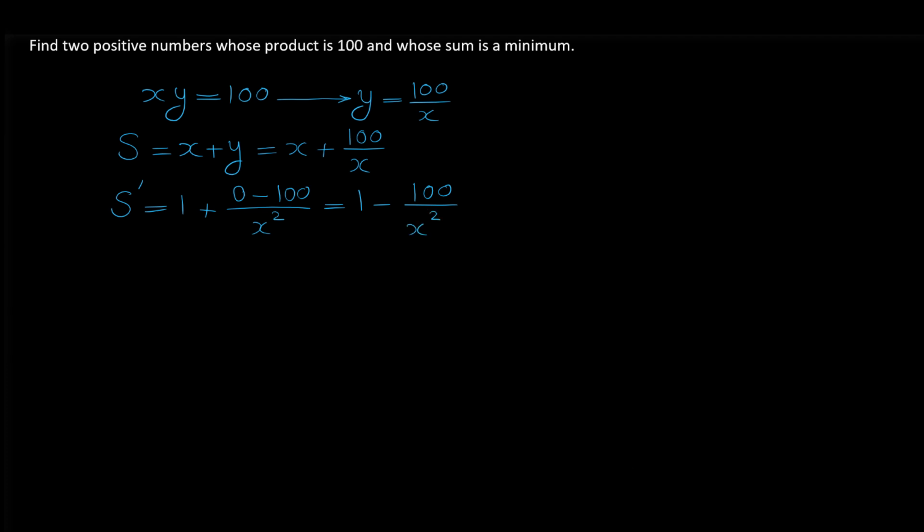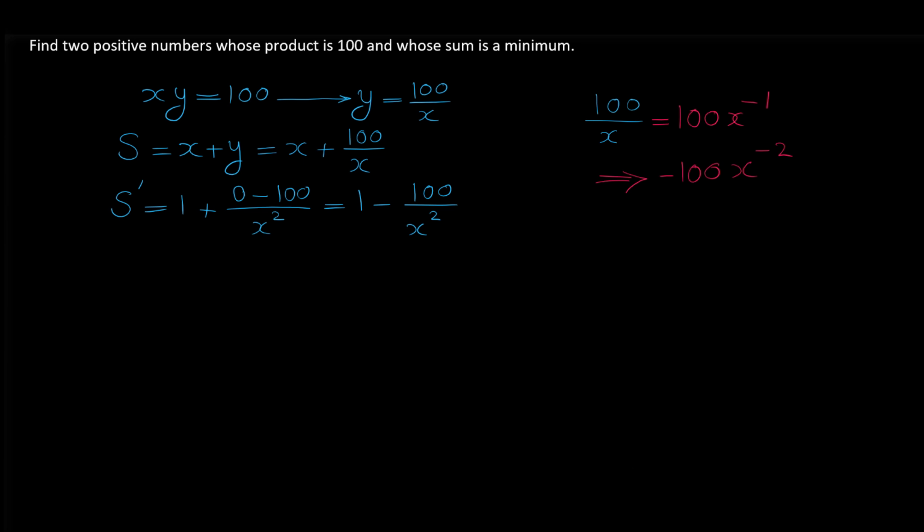The other way that you can find derivative of 100 over x is to bring x to the top and write it as 100 times x to the negative 1. Then use power rule to find derivative. We can bring the power down: negative 1 times 100 is negative 100, times x to the power of negative 2, since we subtract the power by 1.